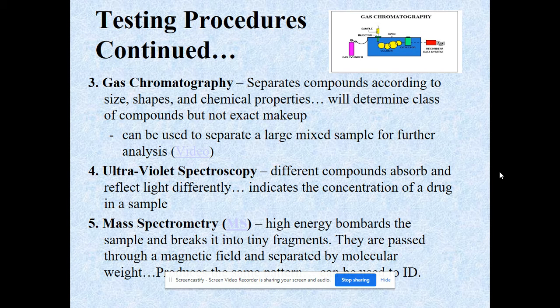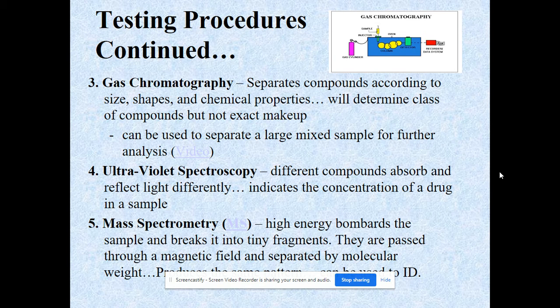You can put a fiber in and then it'll pass a light through, but it'll reflect light back and it'll measure what's reflected off. And then it basically spits that onto a computer screen and gives the wavelength. So it can kind of also help give the class of the compound. Usually it's not going to give you an exact compound, but it kind of gives you an idea of the class. And then you can kind of use it to compare that to other known samples and get an idea of what you're dealing with.